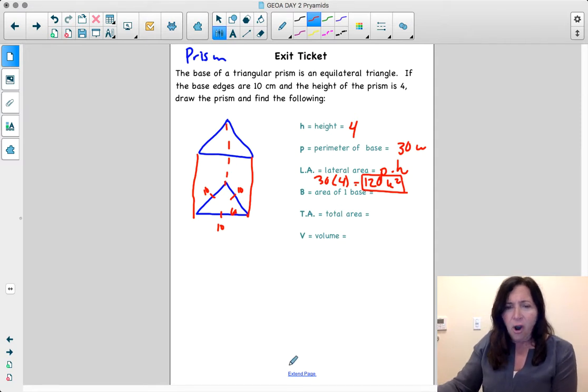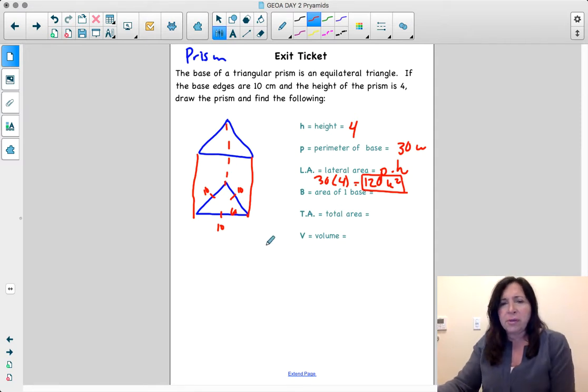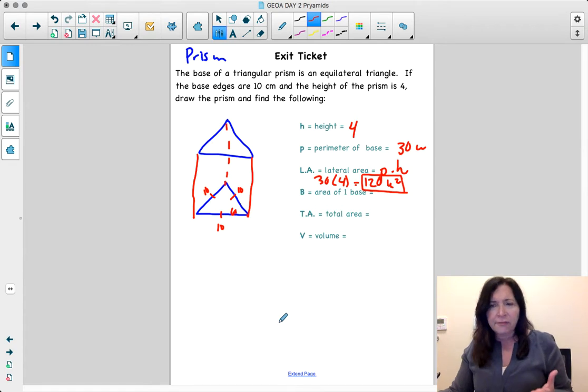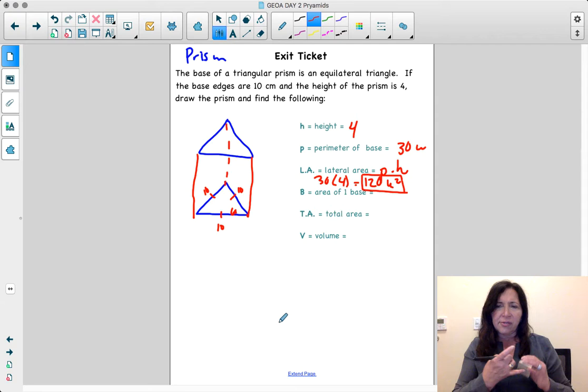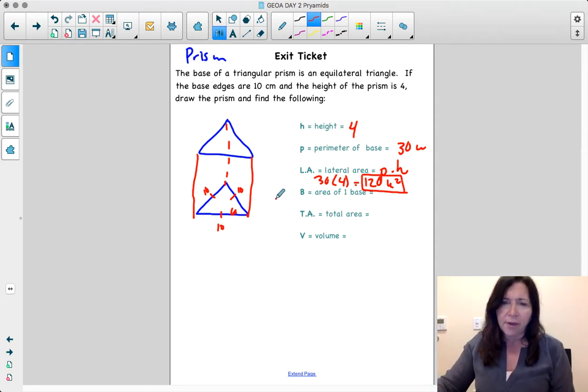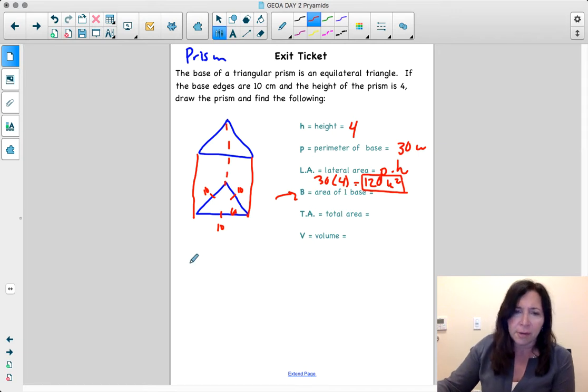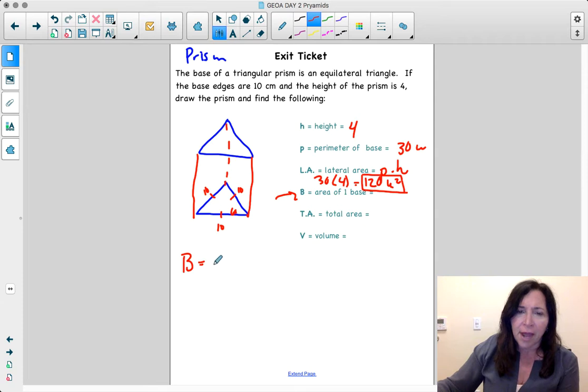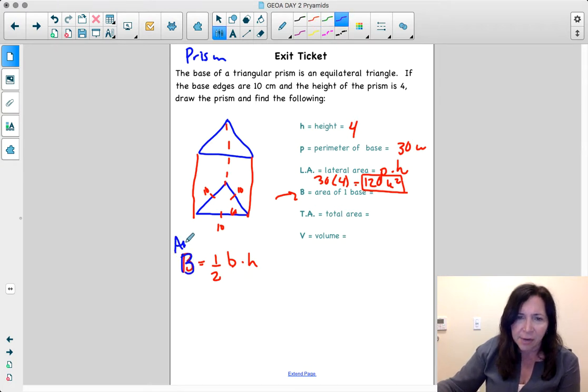Now, the hardest part of this whole thing, I think, is to remember what is the area of my base. I need to look at the base. What kind of shape is the base? The base for this problem is a triangle. So how do I find the area of a triangle? I'm going to say that capital B, which is the area of one base, is 1/2 b times h. Now remember, these B's are different. This capital B right here is the area of one base.